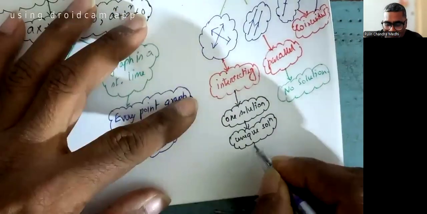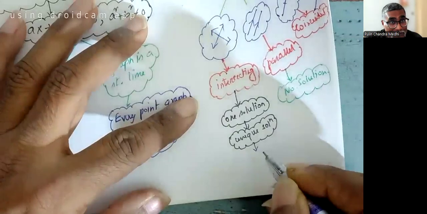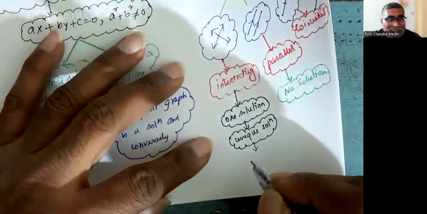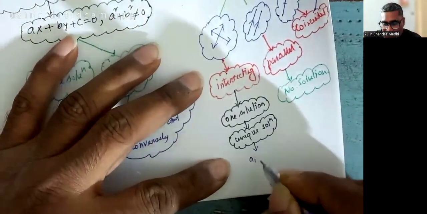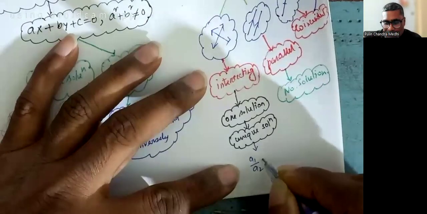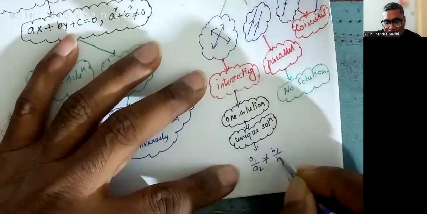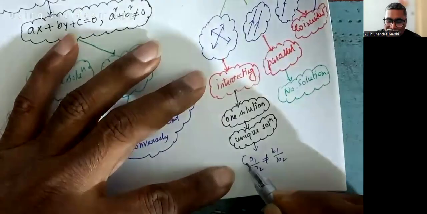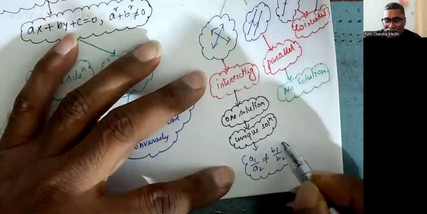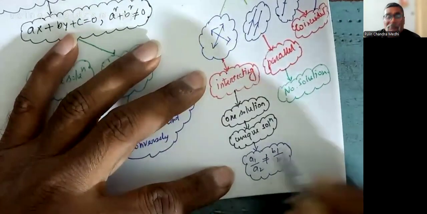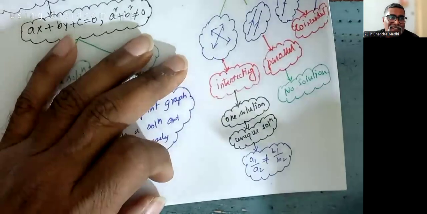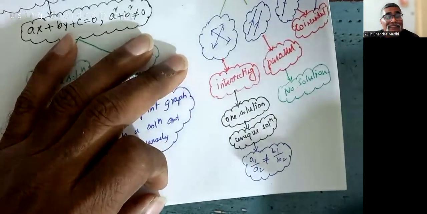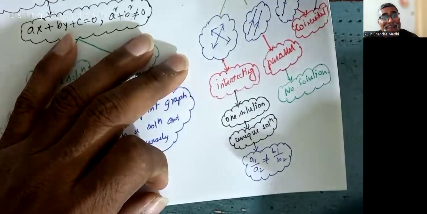I'll give you one more thing to remember. It is A1 by A2 not equal to B1 by B2. This algebraic condition tells you that the linear equations will have a unique solution, and in turn it will give you intersecting lines in the graph.